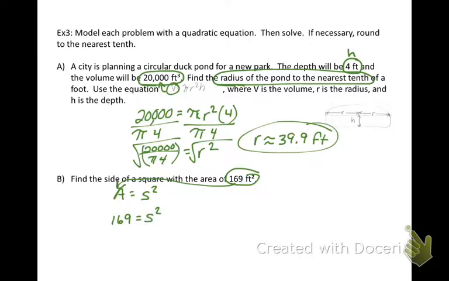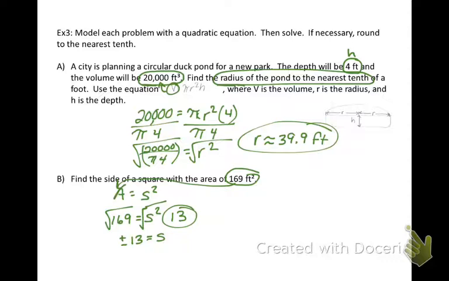And then you're going to square root both sides. And your answer will be plus or negative 13. Now, tell me something. Can you have a negative side of a square? No, you cannot. So your answer for this one is 13. So you will always stay with the positive of the two.